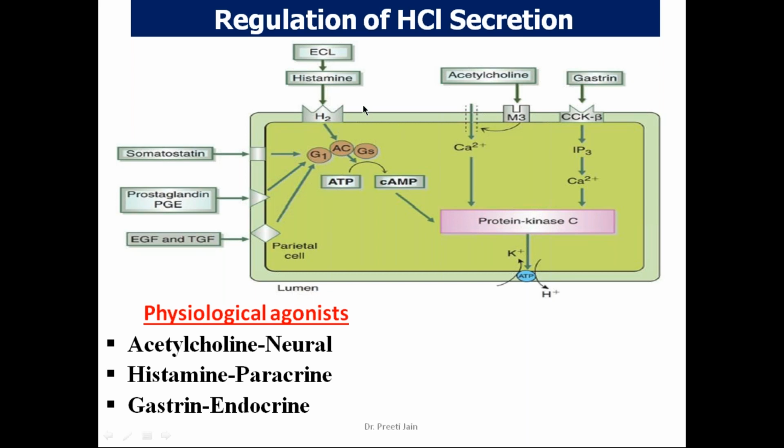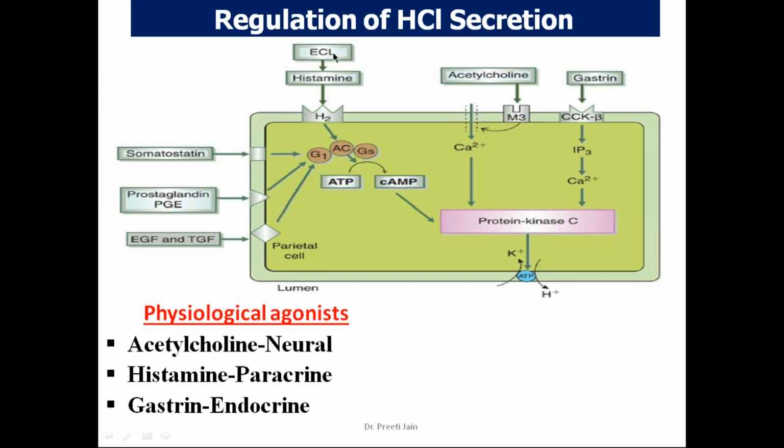Another thing you can see here is that acetylcholine and gastrin both act by increasing the intracellular calcium ions. Once the intracellular calcium ions are increased, they cause the activation of protein kinase C, which in turn causes the insertion of the hydrogen potassium ATPase pumps into the parietal cell membrane, right?